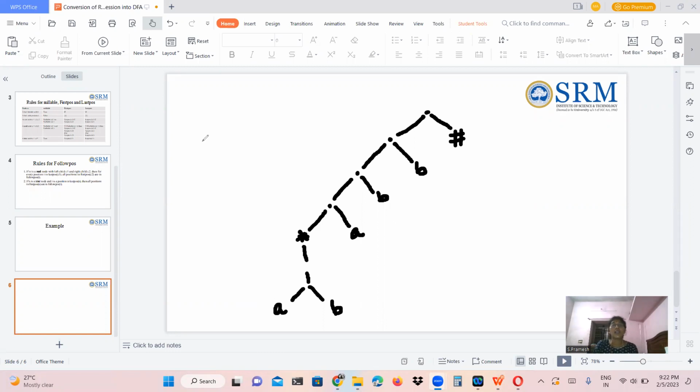We have an expression, this is our augmented expression, right? So the position also you can take it. This is 1, this is 2, this is 3, this is 4, 5 and 6.